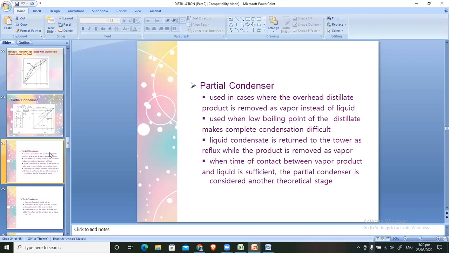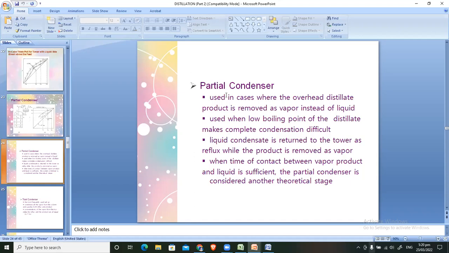So the vapor is only partially condensed because it's a low boiling point component liquid. So 100% condensation is not possible. The part that is not condensed is withdrawn as vapor. So your distillate is not liquid but vapor in the case of a partial condenser.